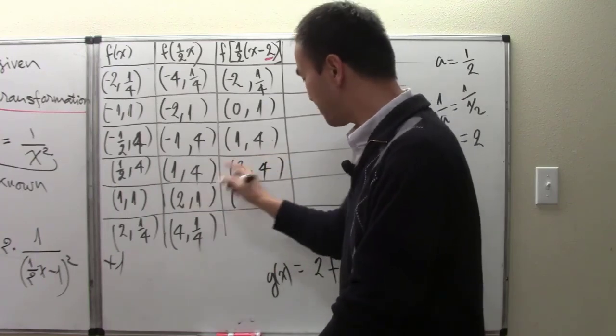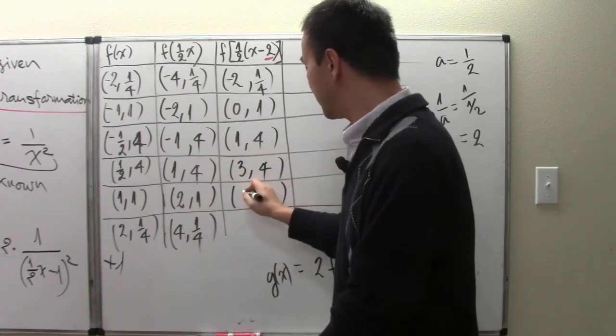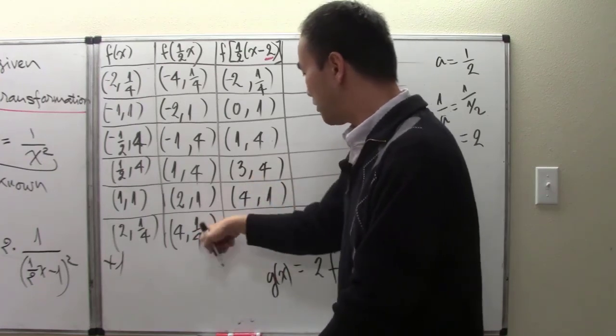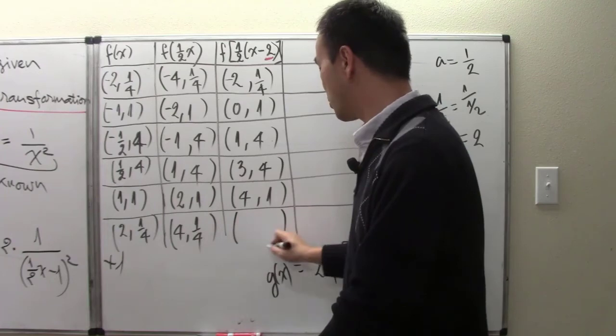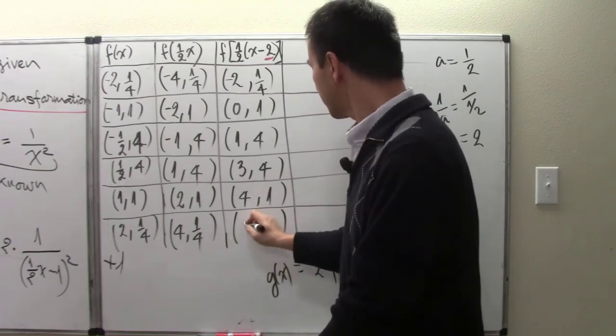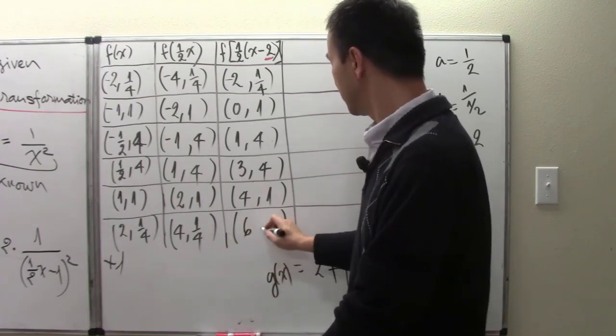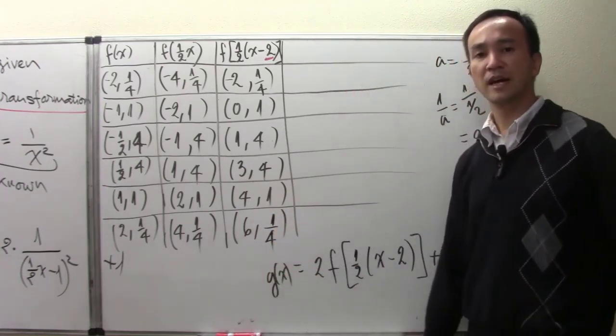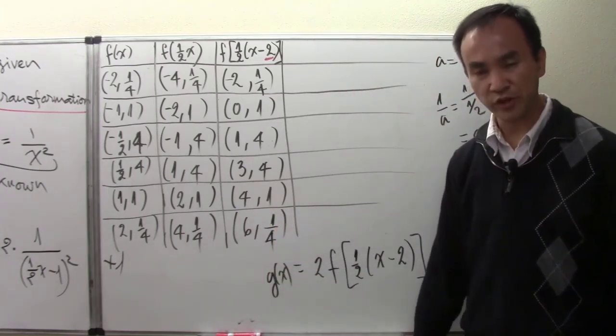Okay, 2 comma 1 is now transformed to 4 comma 1, and then 4 comma 1/4 right there is now transformed into 6 comma 1/4. Now we have completed our step 2 of the transformations.